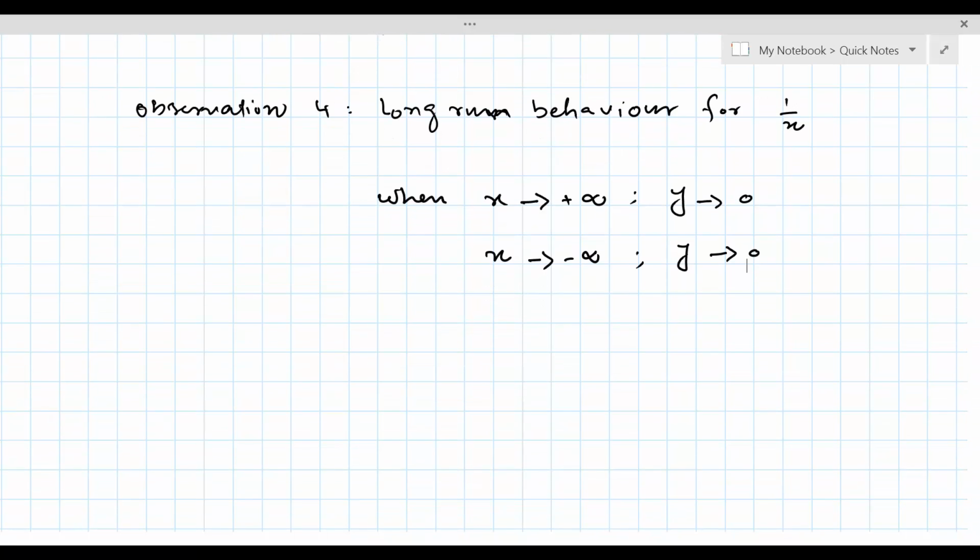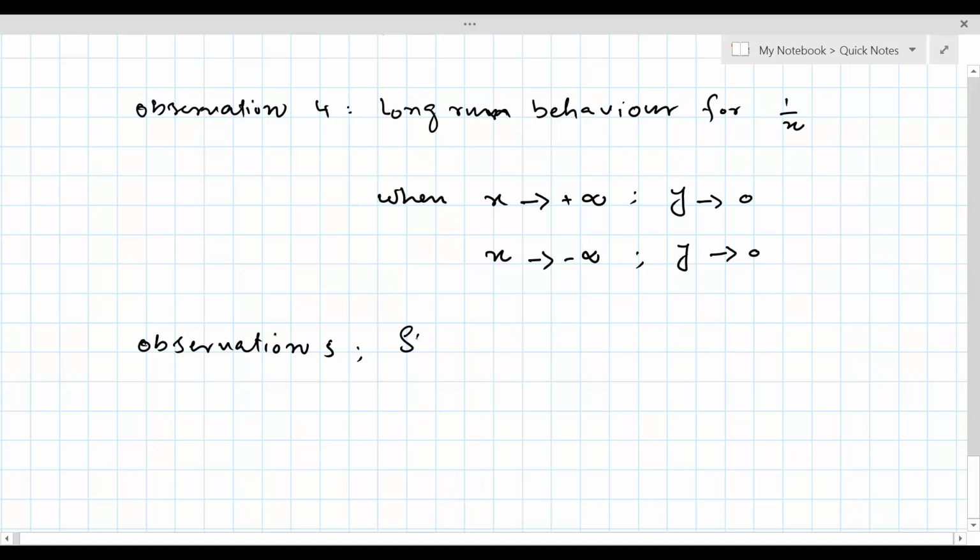And observation 5, that is also called short-term behavior, short-run behavior, for the reciprocal function y is equal to 1 over x.